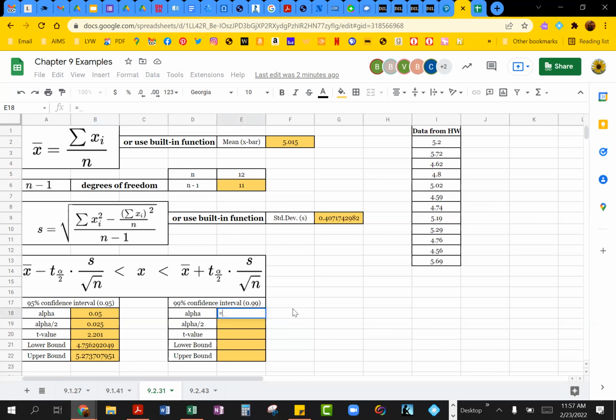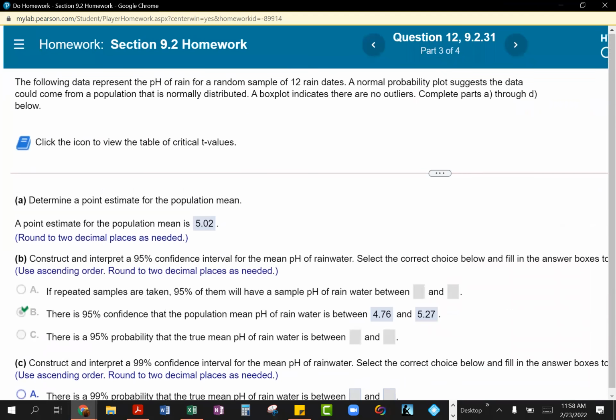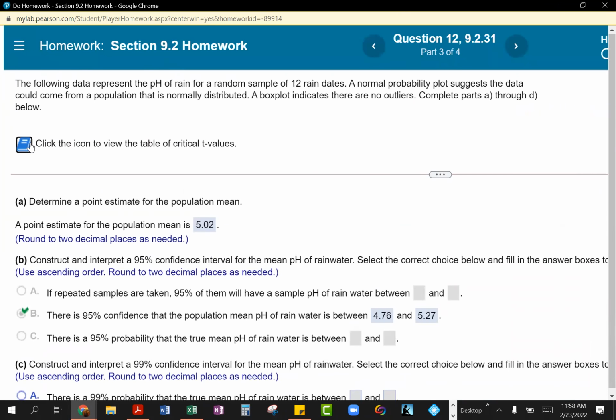As you can imagine, your alpha will now be 1 minus 0.99, which of course means alpha divided by 2 is going to be even smaller, 0.005. So we'll need to go back to our critical value table over here.